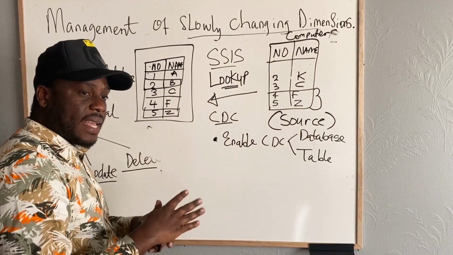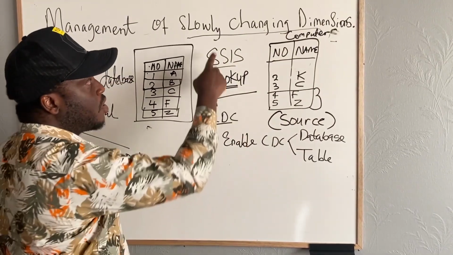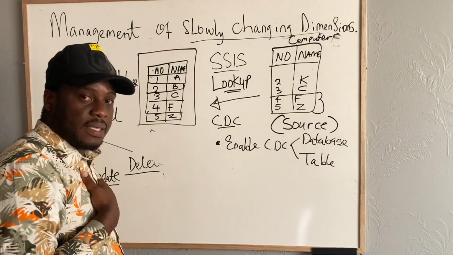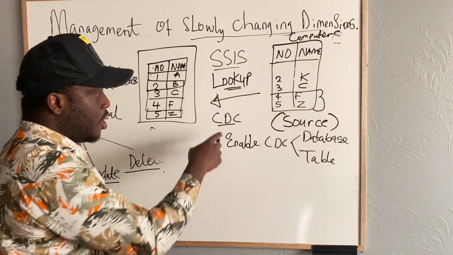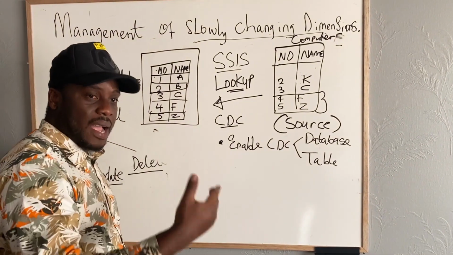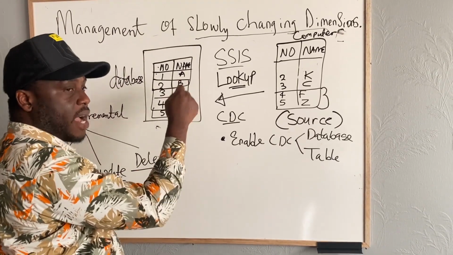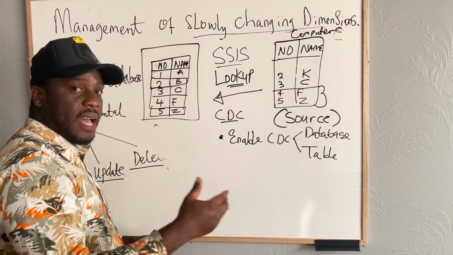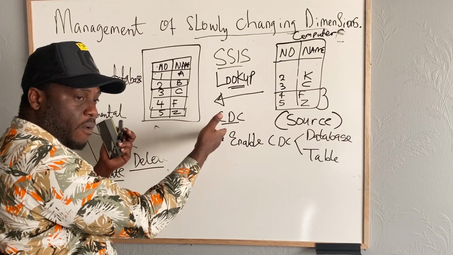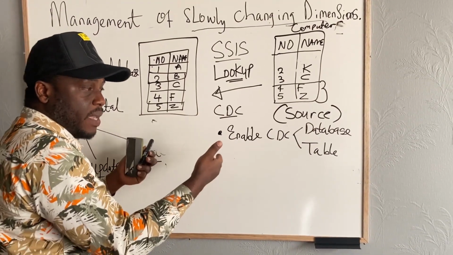Remember, there are three key major ways of handling slowly changing dimension, but this is my preferred approach, using CDC, because it accounts for what was in the table before and what you have now. So you can always come back and see what was in the database before and what the database has now.